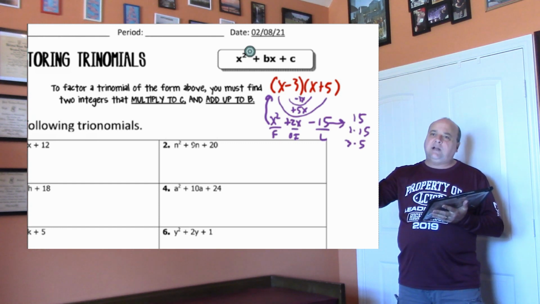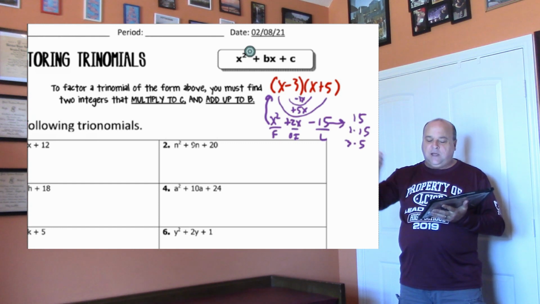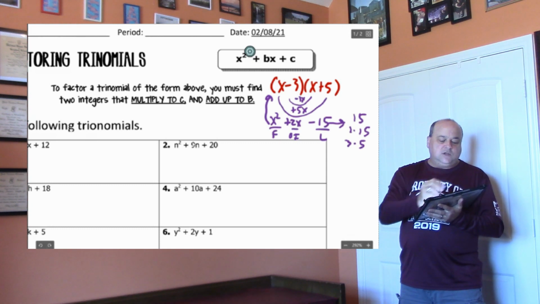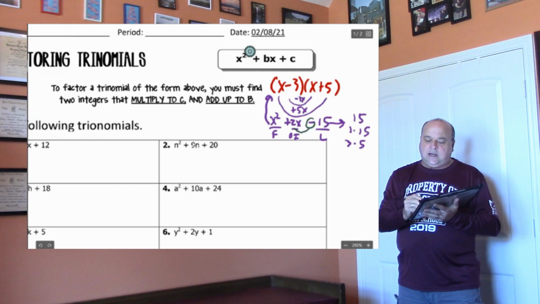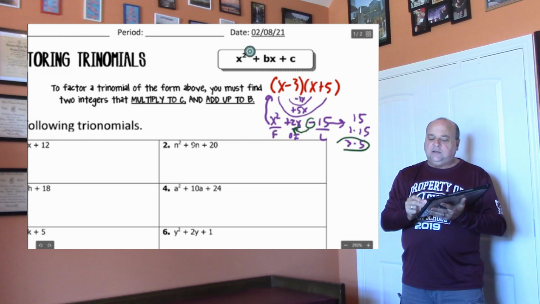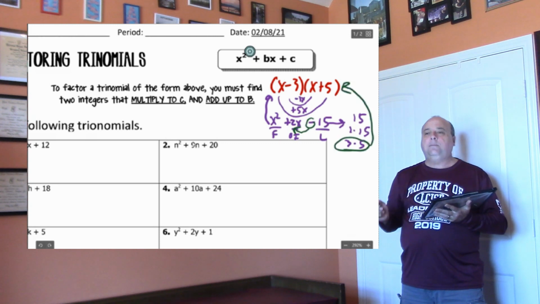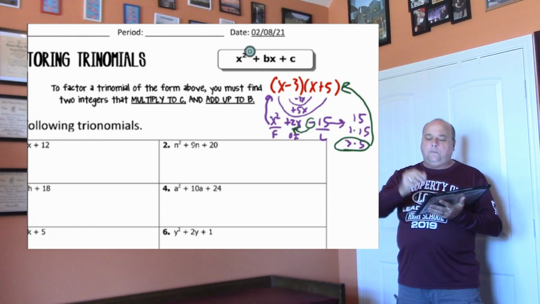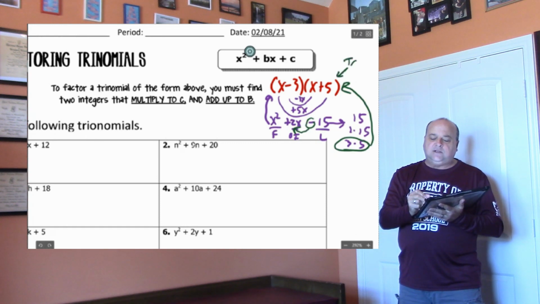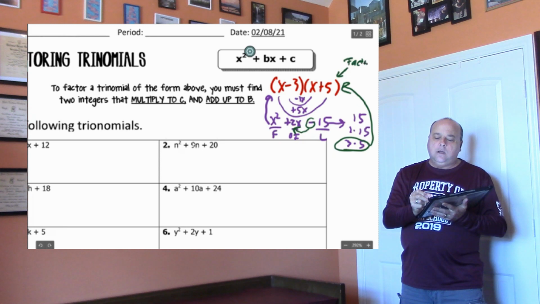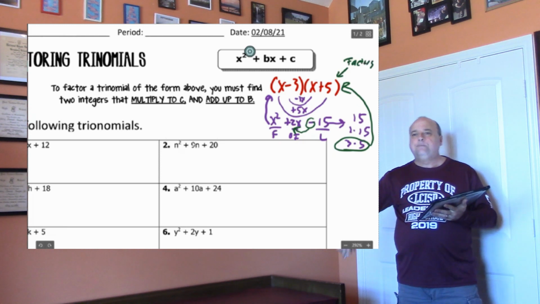Don't write down 5 times 3 because we already got 3 and 5. Now then, we want those numbers to subtract and give us 2, which is the 3 and the 5. And notice that these numbers go back up here, don't they? So when we go backwards, this right here ends up being the factors of our quadratic, okay?